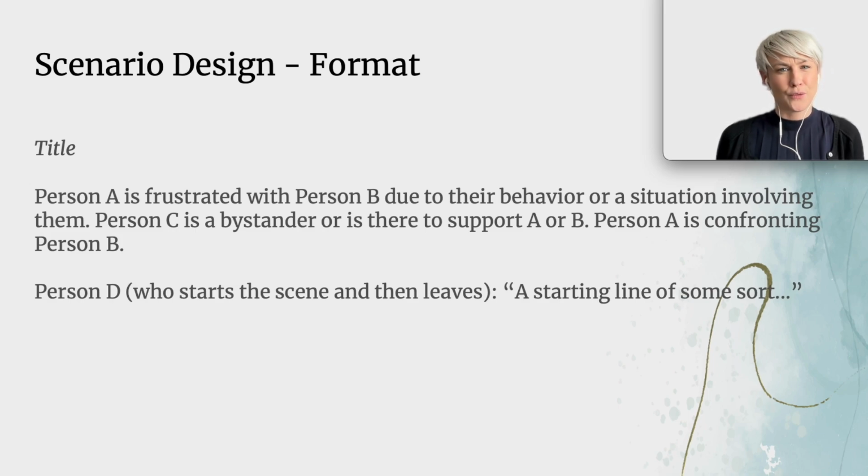And the scene should never focus on person C. The reason we have a person C is because this allows more people to be part of the scene, which gives students more chances to play, but it is not necessary.